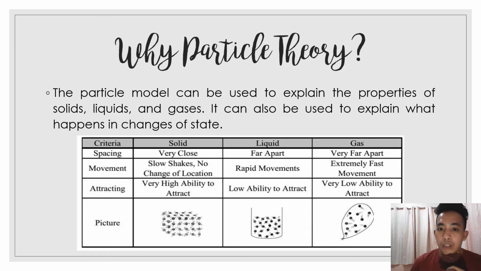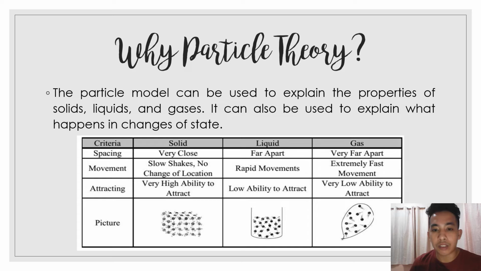On the other hand, when we say liquid, their spacing is far apart, their movement is rapid, and their attraction is low. When we say gas, their spacing is very far apart, they are extremely fast moving, and their attraction is very low.